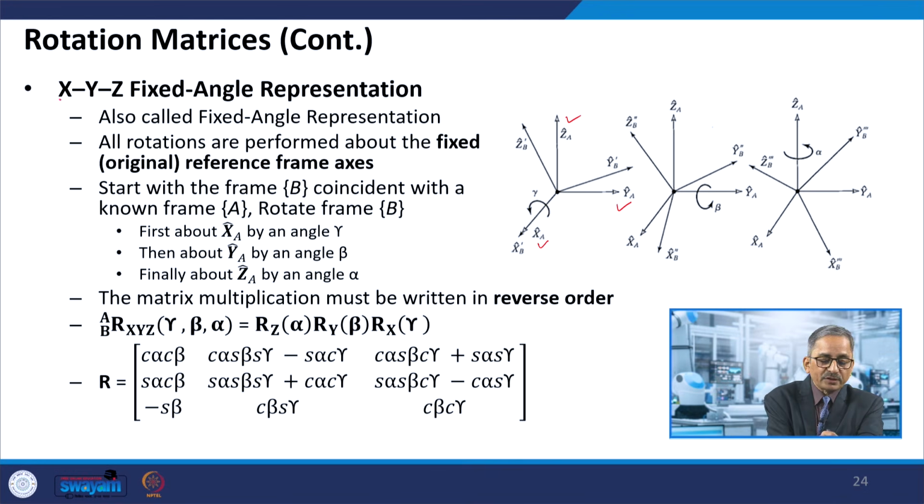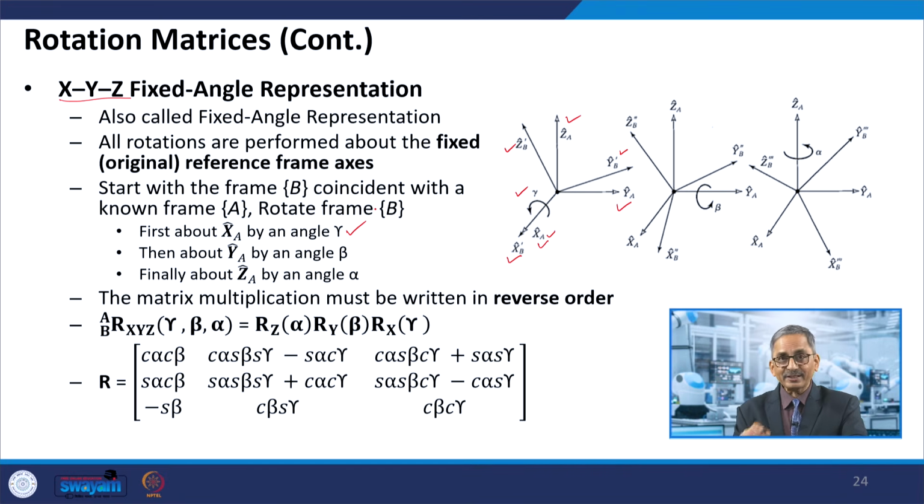So, in XYZ fixed angle representation, first rotation is performed about the fixed axis of the fixed frame. So, your XA and XB are aligning. Now, you turn XB about XA. So, new positions of the B are XB dash, YB dash and ZB dash, and say this rotation is by an angle gamma.